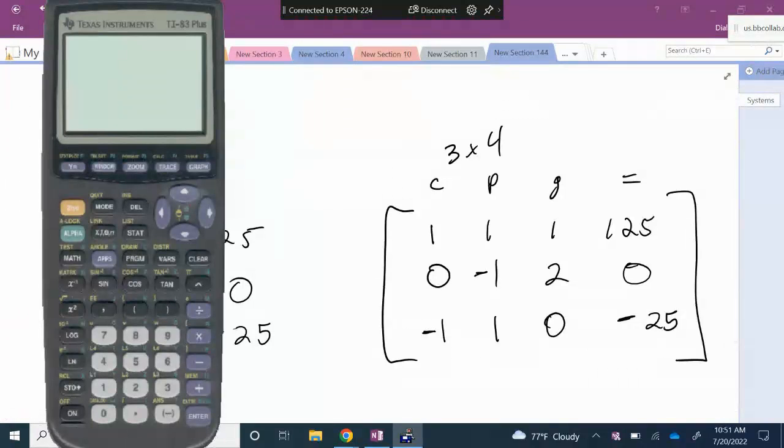So we're going to put this into the calculator. Second matrix.